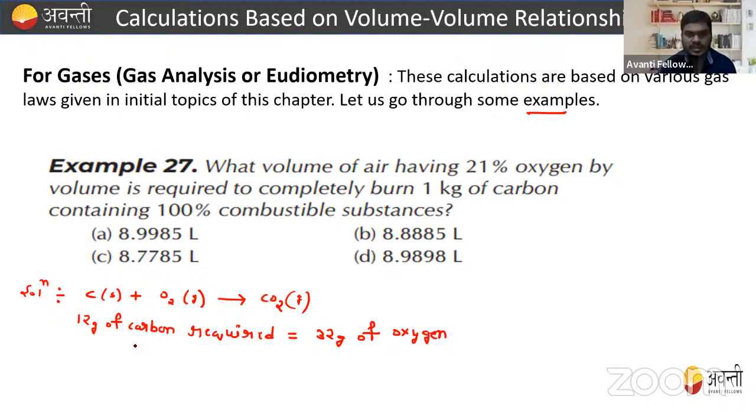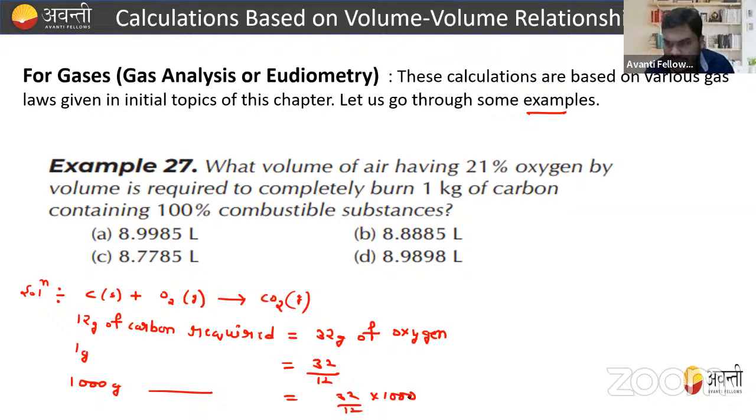Clear? Now on a similar basis, beta, 1000 gram of carbon is required. So 12 gram of carbon requires this much oxygen. Similarly, 1 gram of carbon requires 32 divided by 12. So 1000 gram is equal to 32 upon 12 into 1000.